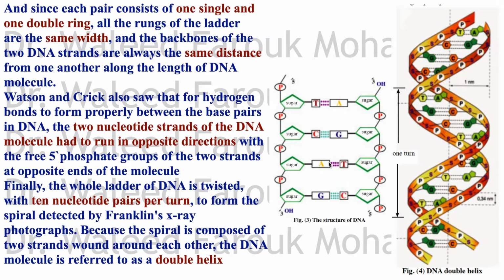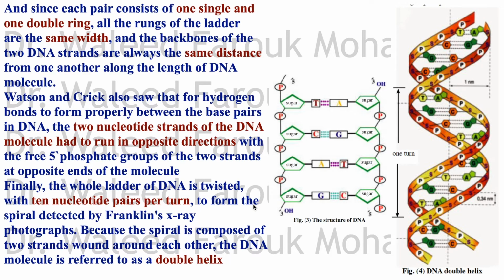Okay, the 2 strands of DNA run in opposite directions, as I told you before. At one side, here the phosphate is at the 5 carbon, and the hydroxyl group on the opposite side, and the same applies to this side.